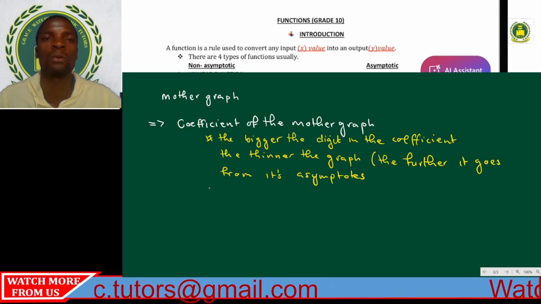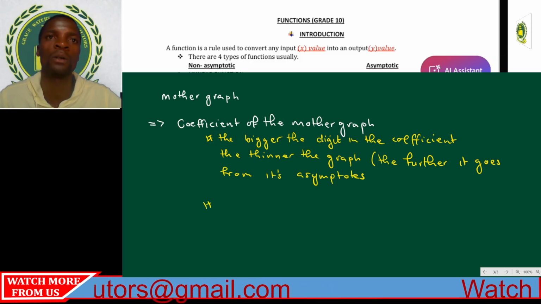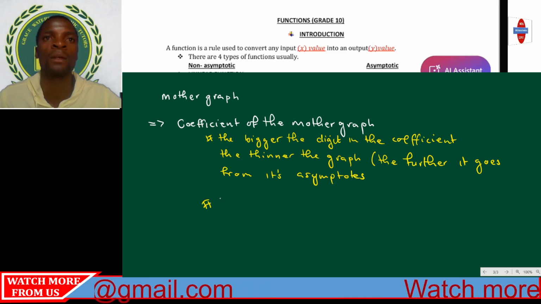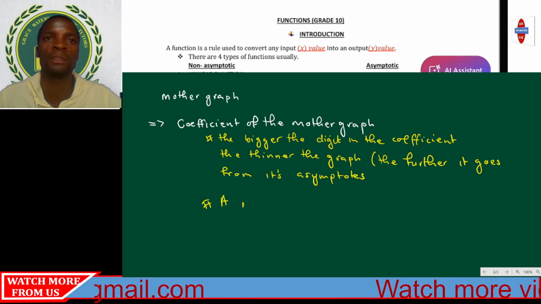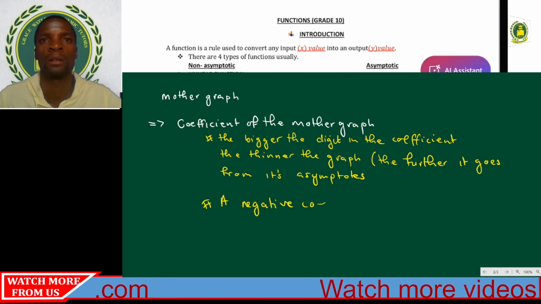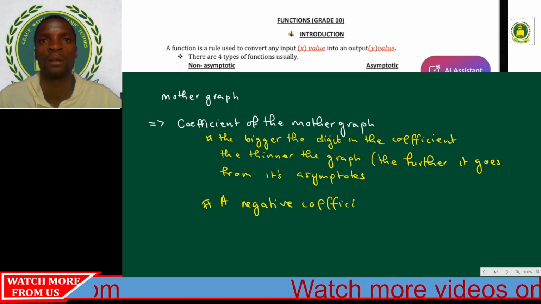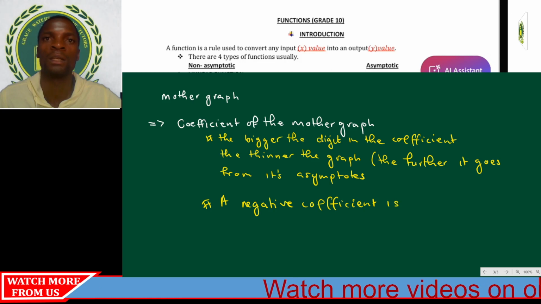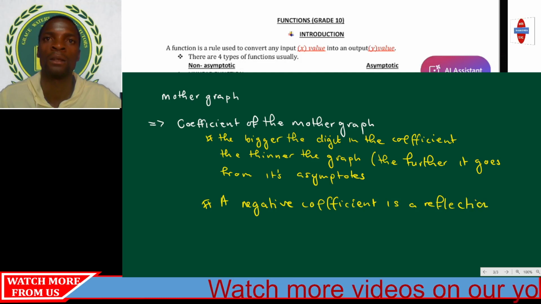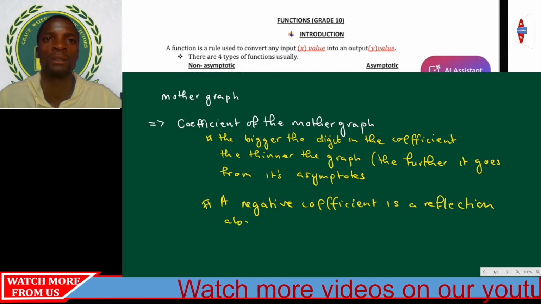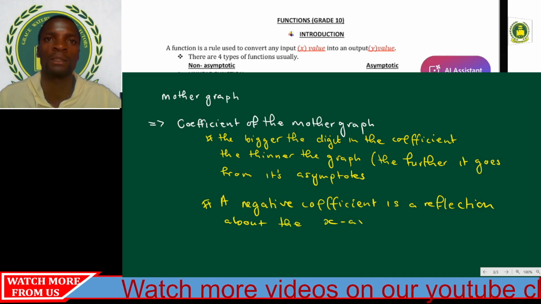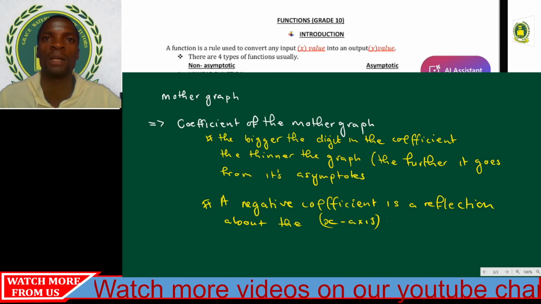Then there is another rule, which is the second rule of the coefficient. A negative coefficient is a reflection about the x-axis, meaning to say the x-axis becomes the mirror line.